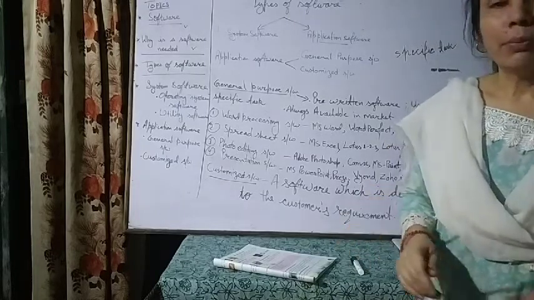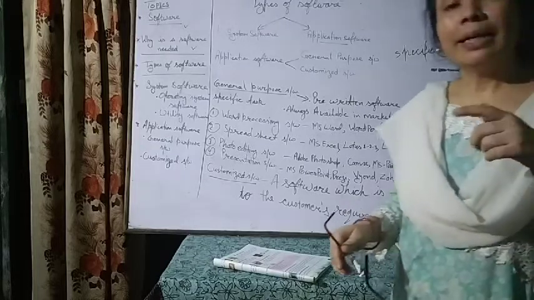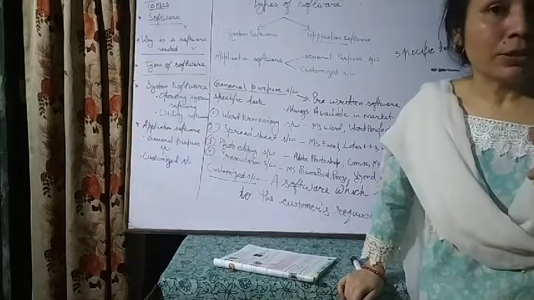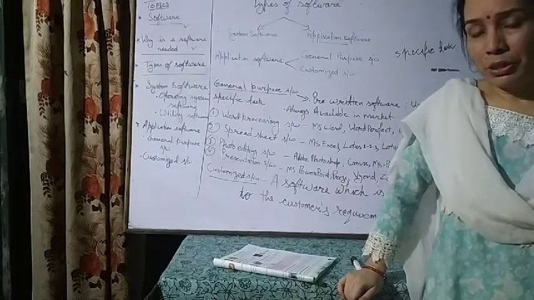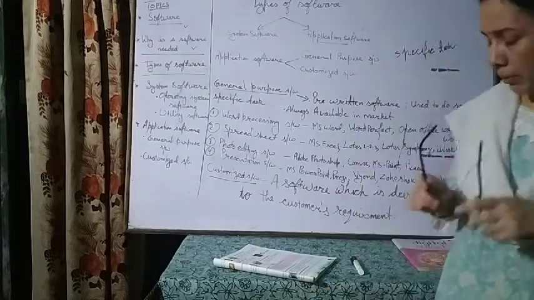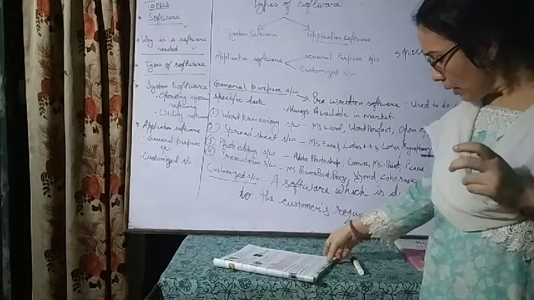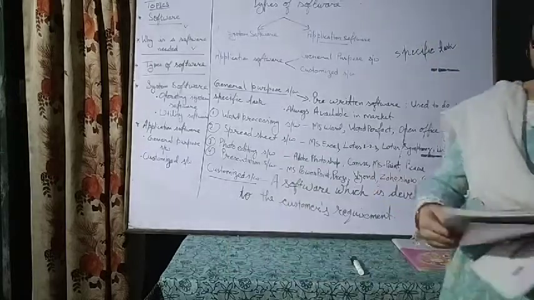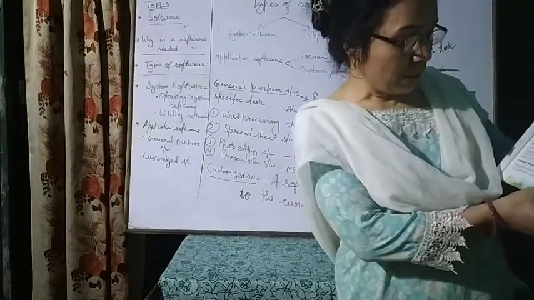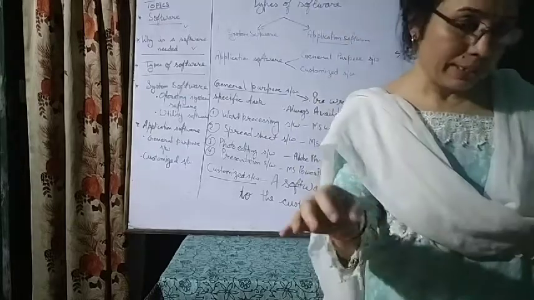In the library, Miss Josephine uses that software. That is a special software for the library for maintaining books record. Here it is written in the book: this software is used to manage record of books entry.